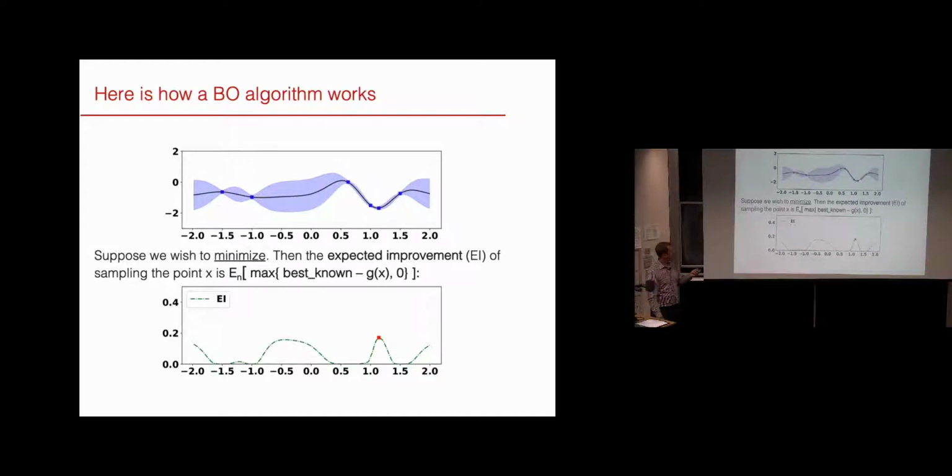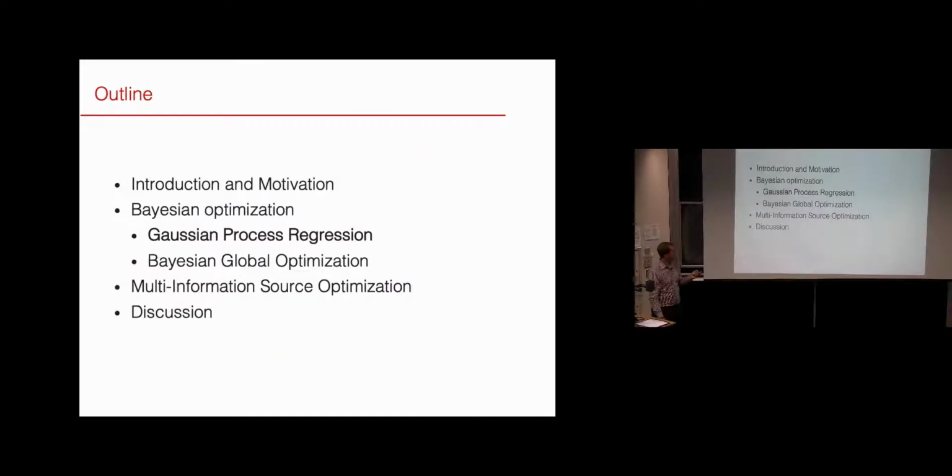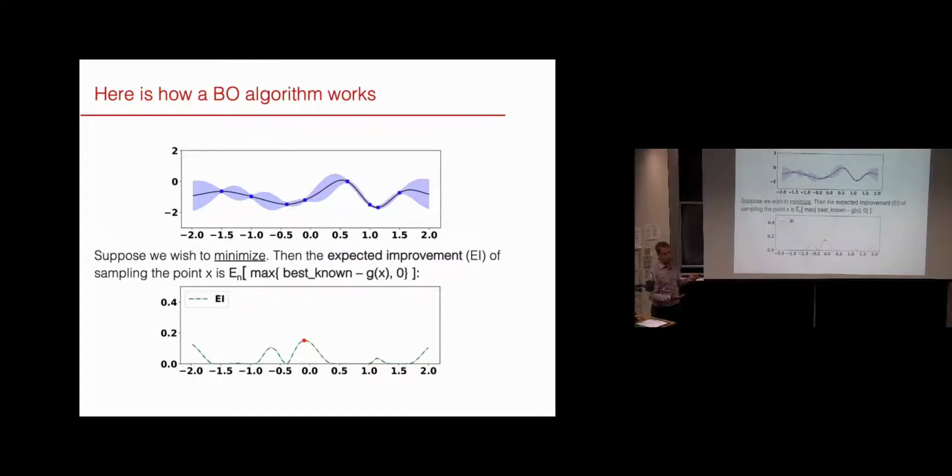Again, I update my posterior, recompute the acquisition function, sample over here, and so on, iterating this process until I run out of samples. That's the general BO algorithm, an iterative process: setting up the posterior distribution, setting up the surrogate, deciding where to sample, making the observation, updating the surrogate, deciding where to sample, and so on.